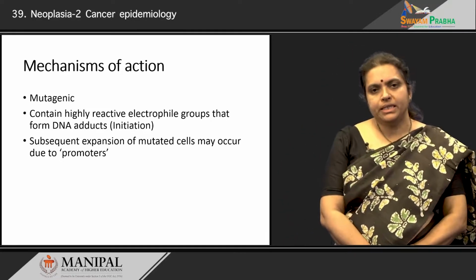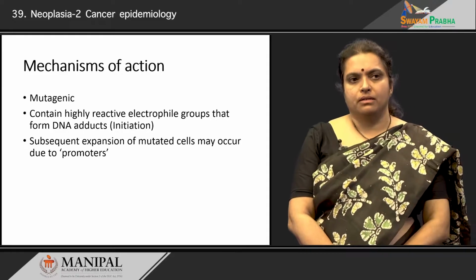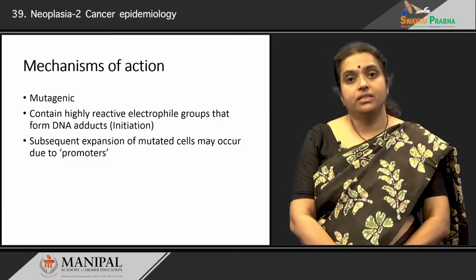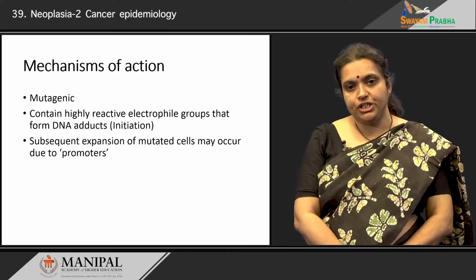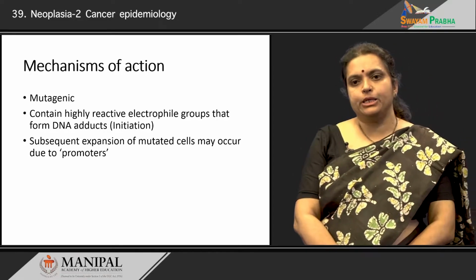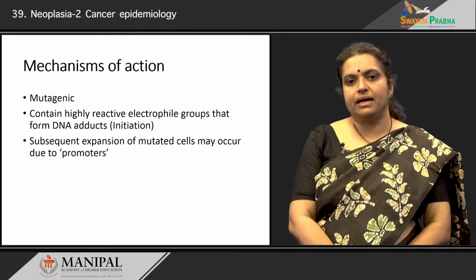Now, how do these chemical carcinogens cause the development of cancer? As I already mentioned, they are mutagenic. That means they cause a mutation in the gene, and they contain a highly reactive electrophile group that combines with the DNA, forming a DNA adduct.